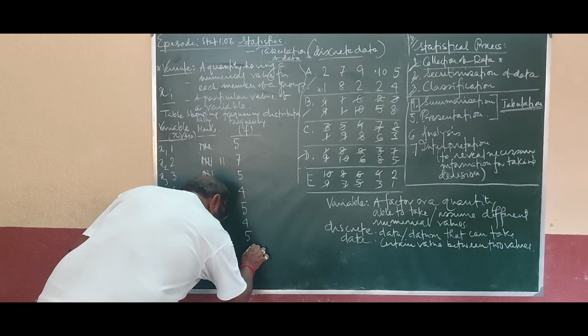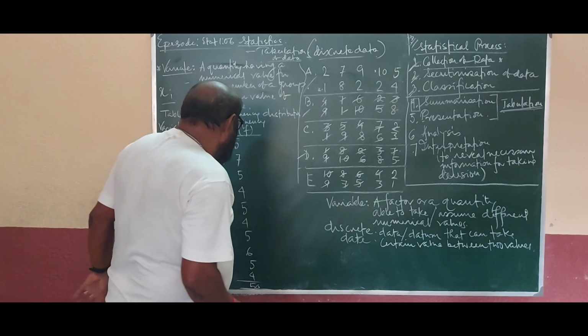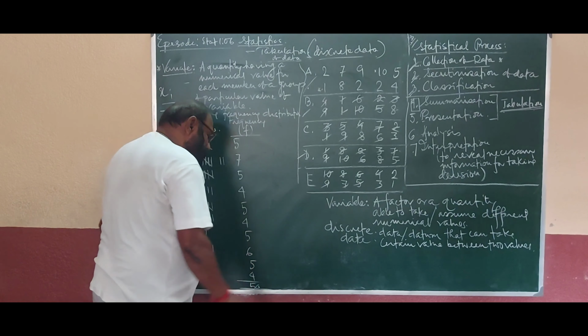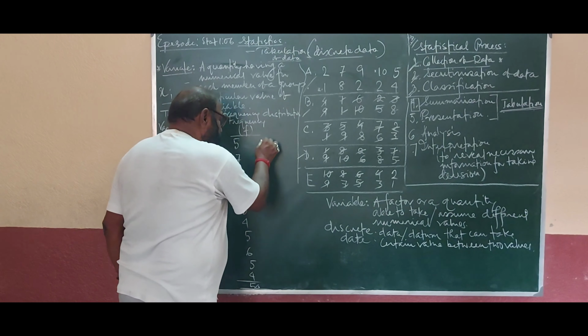And obviously the total number would be 50. Clear? The total frequency is regarded as n.